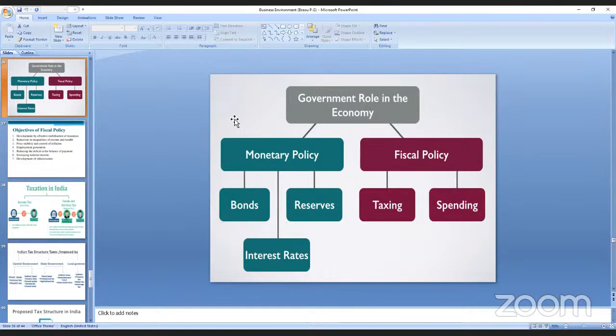And fiscal policy is taxing and spending. Taxation is where you pay tax on property, on your income, and other things. Everywhere you are paying taxes. If you go to a street shop, a shopping mall, or even recreation, you are paying tax.